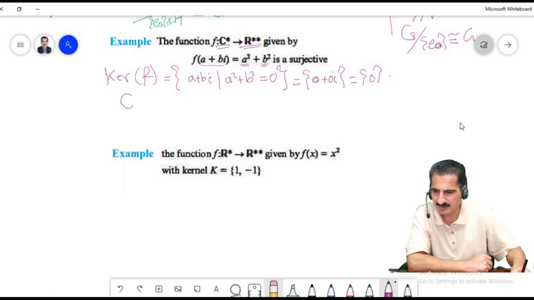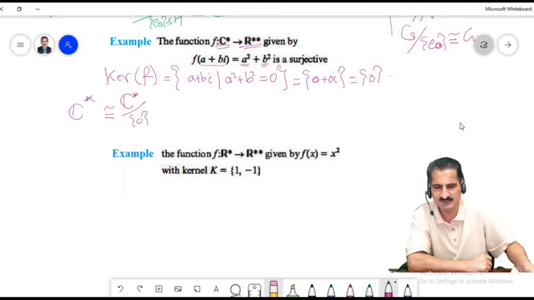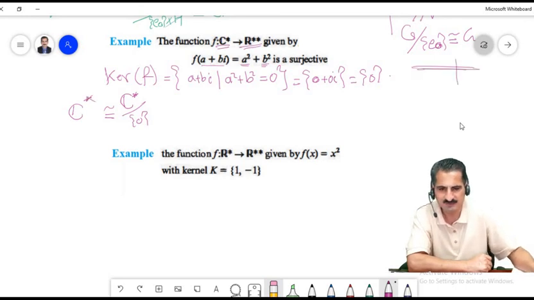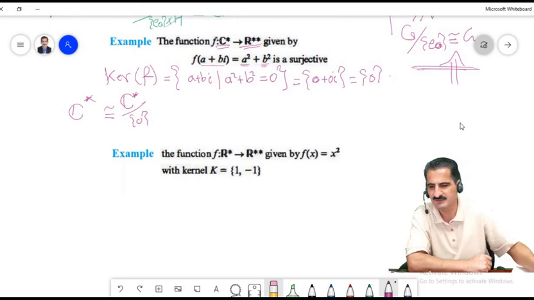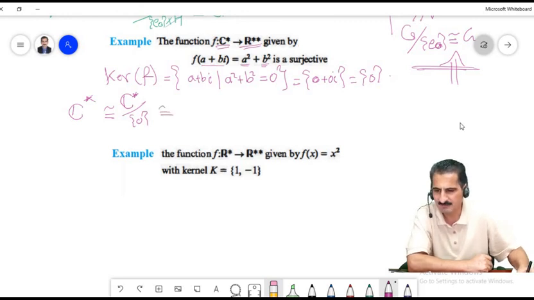So the complex numbers factor group over the identity is the complex numbers themselves, as we have just seen above. Any group factored by the identity is the group itself, but by the first isomorphism theorem, this is isomorphic to the group in the image, because we did not mention that this is a surjective homomorphism.